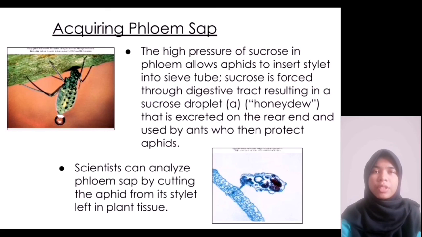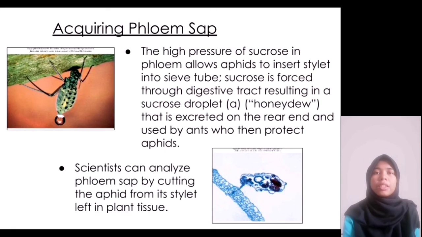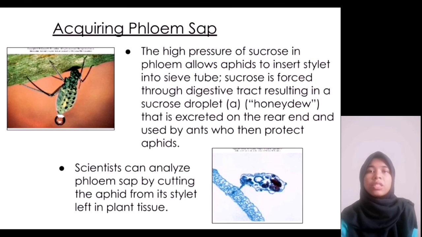Okay, let's move on to the next slide, where we can learn about acquiring phloem sap. We can acquire the phloem sap by aphids. Aphids are pests that we can find in the garden. The high pressure of sucrose in the phloem allows aphids to insert the stylet, which is the needle-like mouth part of the aphid, into the sieve tube.